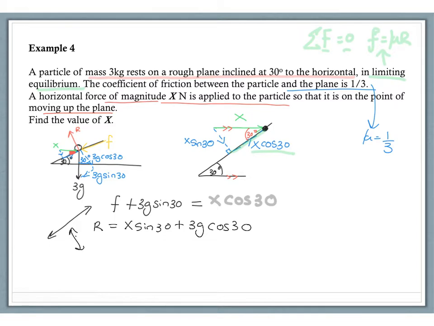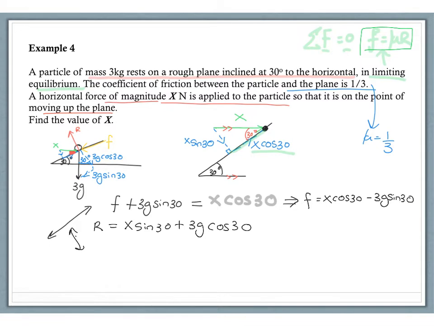Now, there are lots of ways in which we can proceed. I'm going to rearrange this equation here to tell me that F is equal to x cos 30 take away 3g sine 30. Remember, we have the formula F equals mu R that we can use.